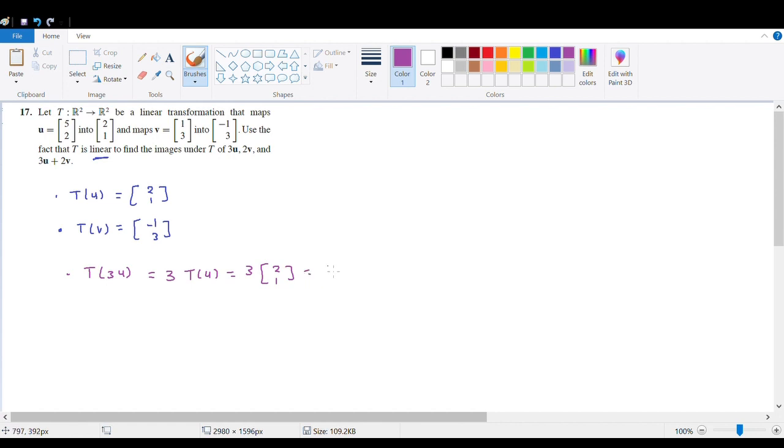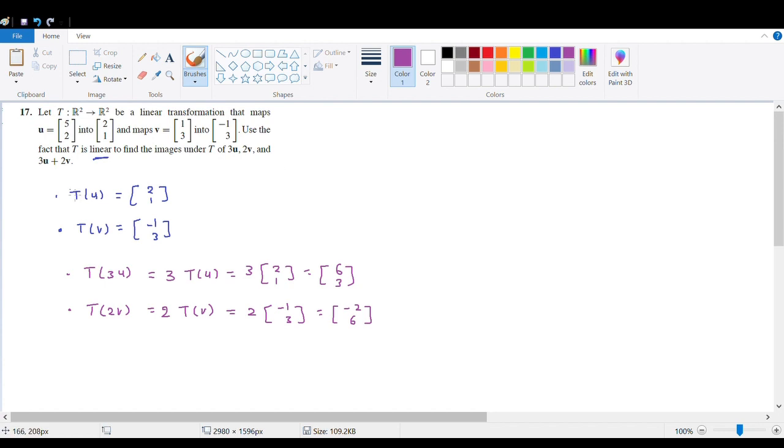This will give us 3 multiplied by 2 is 6, 3 multiplied by 1 is 3. Also, we need to find the transformation of 2v, so T of 2v will be equal to 2 T v since the transformation is linear. So what is T v? It is given (-1, 3). So the result will be (-2, 6).